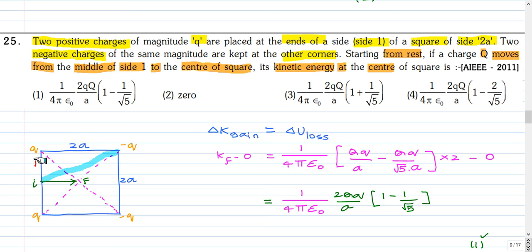This side is 2a and this length is a, so this is square root of 2a square plus a square, so that is root 5 a. So root 5 a, and there are two negative q's and there is a second positive q here, so it will be into 2. So from this we get the final kinetic energy as this expression. So the correct option is option 1.